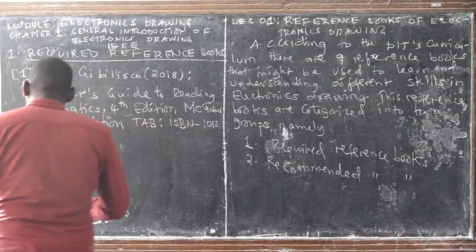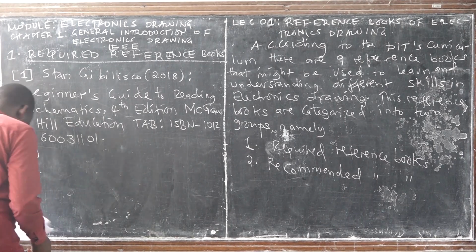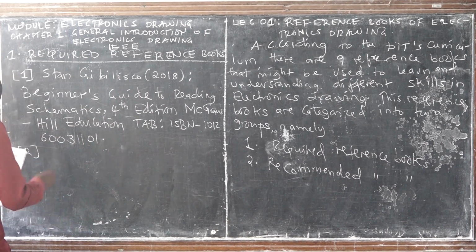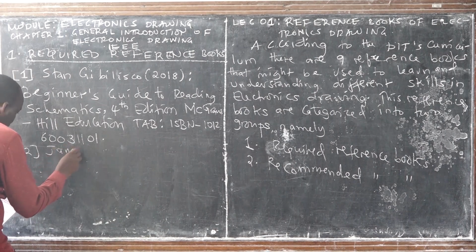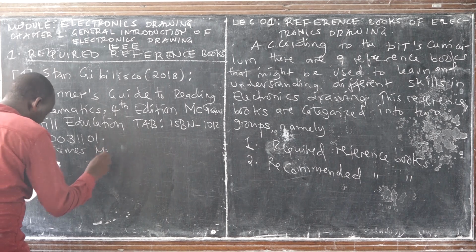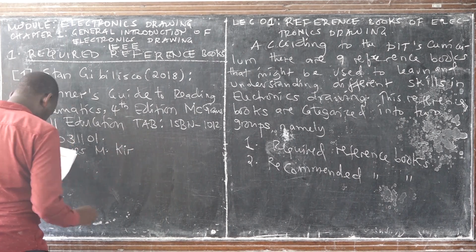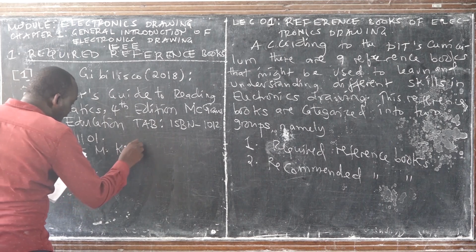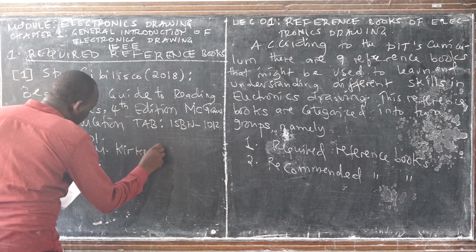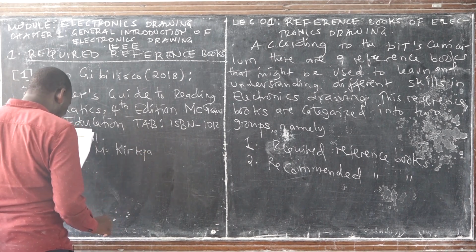The second reference book. So you can write. The name of the author is James M. So one of your assignments today, at the end of this lecture, is to find these books and to have them.